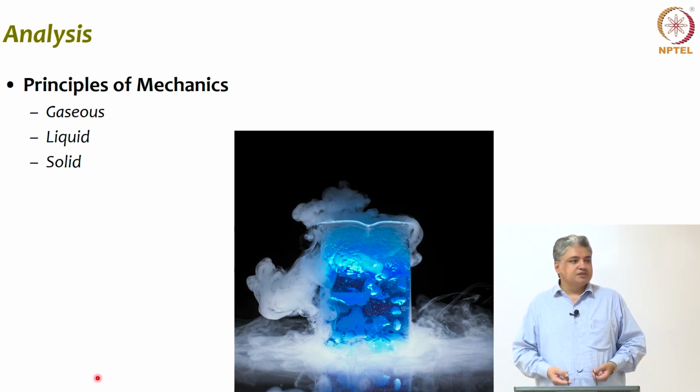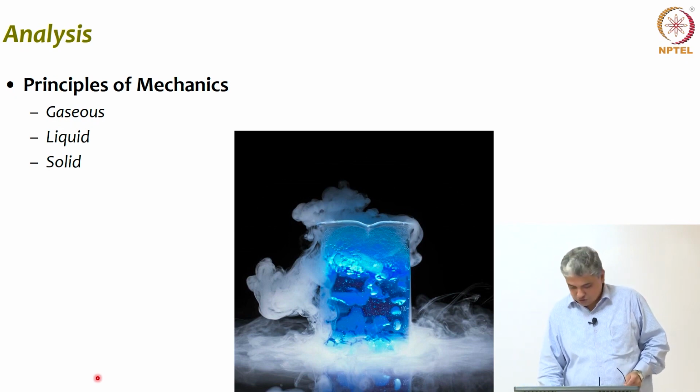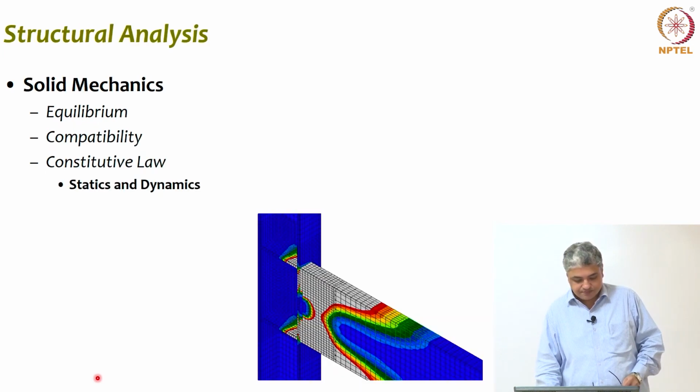In this process, when you talk about analysis and design, how do you do that? Obviously, we use principles of mechanics, and without going into the details of it, there are a whole lot of courses that you are going to take to understand each one of these. So we have mechanics for gases, liquids and solids, and to a large extent in structural engineering we use solid mechanics and structural mechanics to do analysis and to control behavior through design.